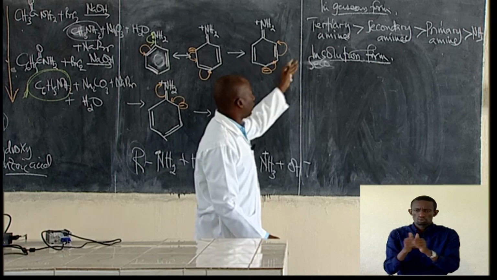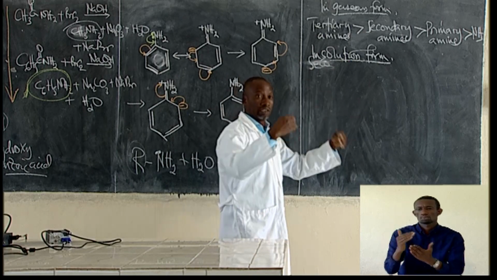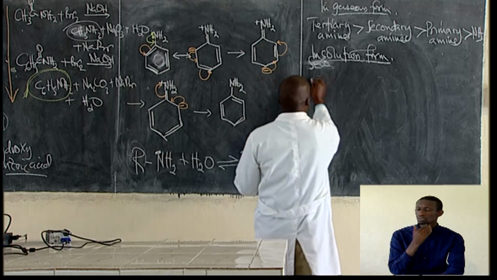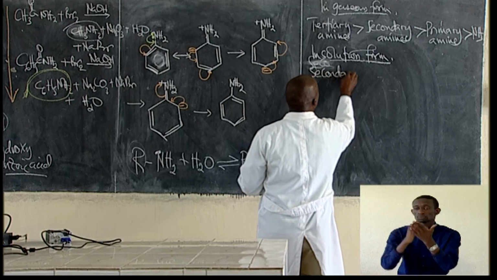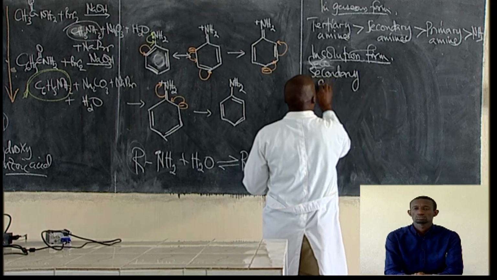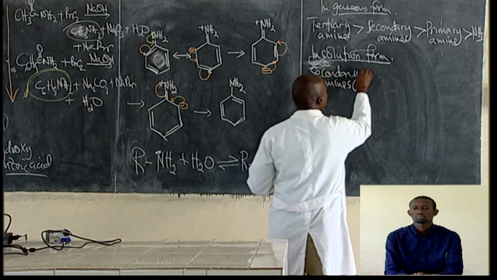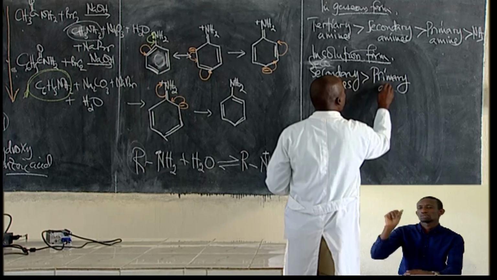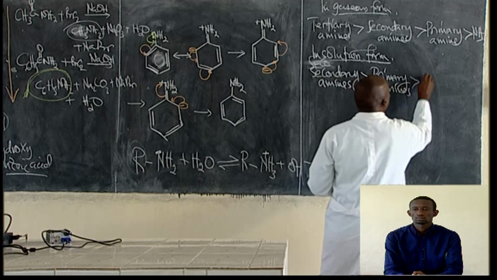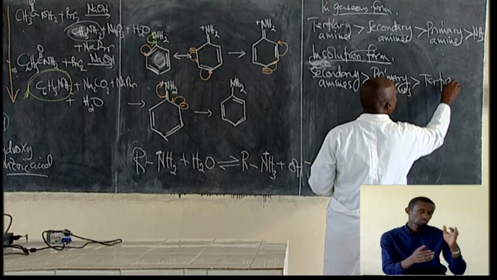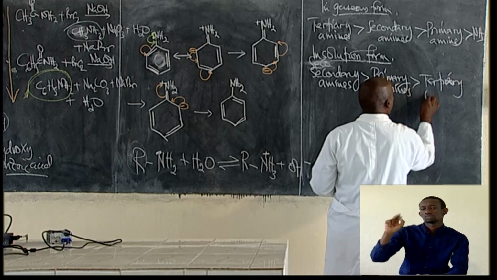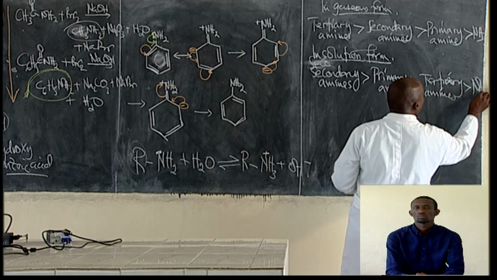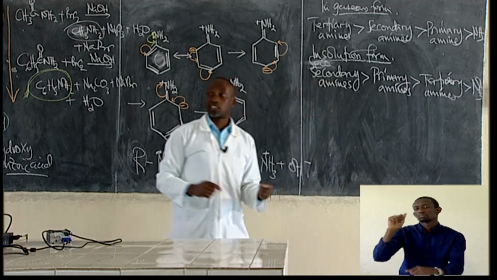When we go to the solution form, that is in water, if these amines are put in water, this is what happens. Secondary amines are greater than primary amines, which are greater than tertiary amines, and then greater than ammonia. So there is some change in the order.